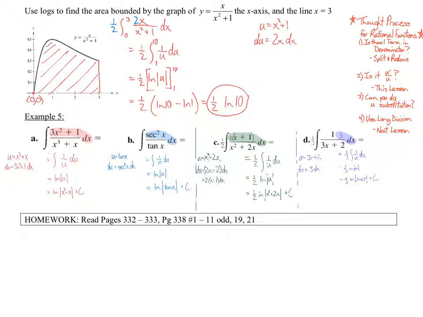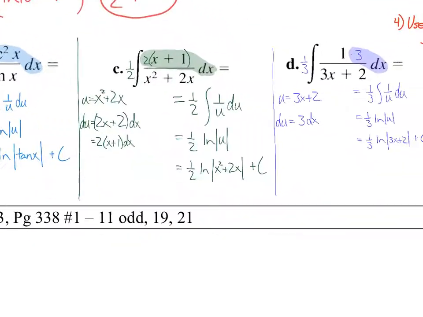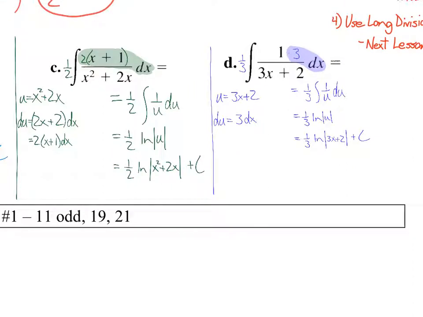These last two, we got a little bit of working to do. The c was missing a factor of 2, so we had to multiply by the 2 and then multiply by a half on the outside. So let me unfreeze here. There you needed the 2.